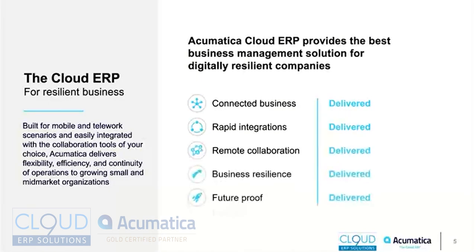Acumatica, essentially, one can say, was built for the future needs of its customers with a connected business platform, open API architecture, the ability for remote and distributed collaboration, really connecting your customers, vendors, and suppliers, and ultimately providing a future-proof solution that you can build your business on for years to come.